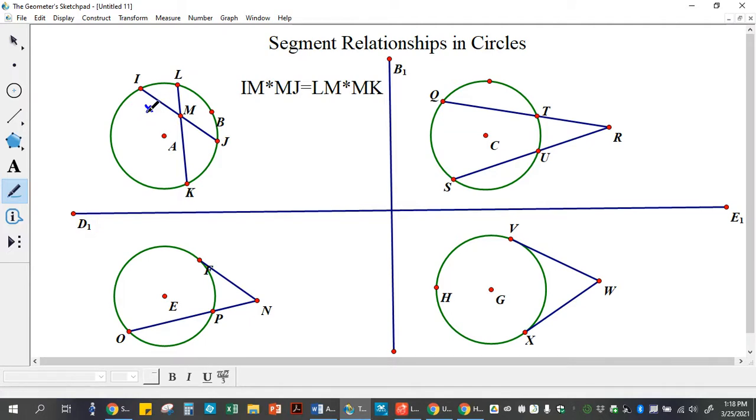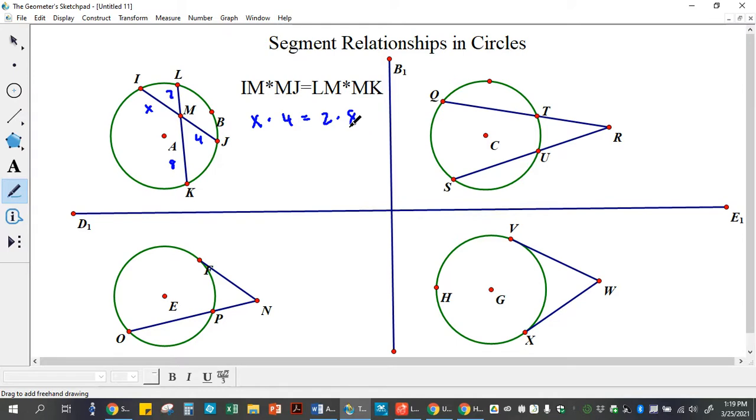If I knew that we had X here, and we had 4 here, and we had 8, and maybe we had 2, you would just want to take those values and plug into the formula. Well, IM is X. If we multiply that times MJ, which is 4, that has to equal LM, which is 2, times 8.